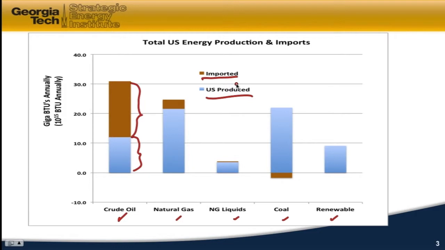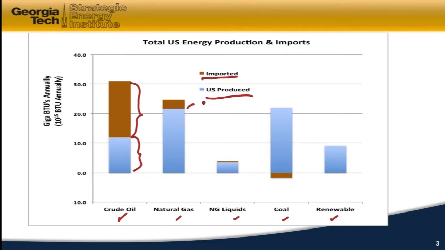As we saw last time, we import about 60% of our oil into the U.S. from outside this country, and we produce about 40%. Natural gas, we import only a little bit, about 13% from Canada. We've got natural gas liquids, which we defined earlier, the liquids that come out with natural gas, such as propanes, butanes, and ethanes.